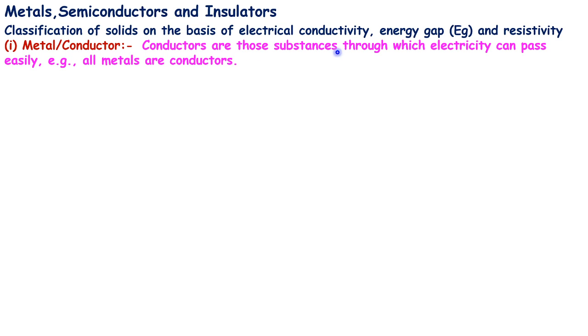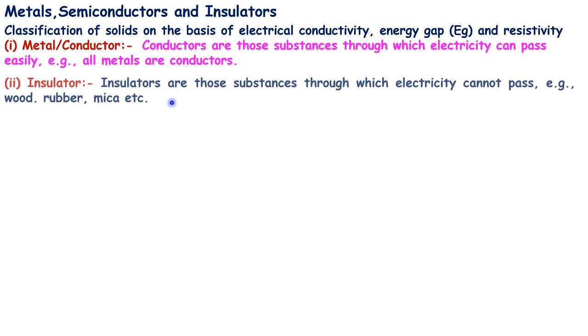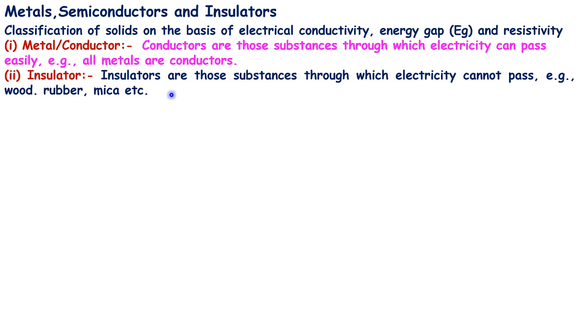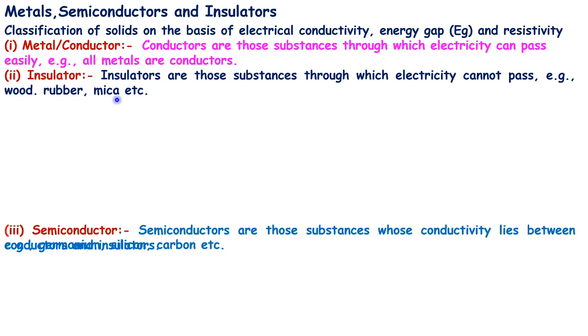Conductors are those substances through which electricity can pass easily. All metals are conductors. Insulators are those substances through which electricity cannot pass. Examples are wood, rubber, mica sheet, etc.